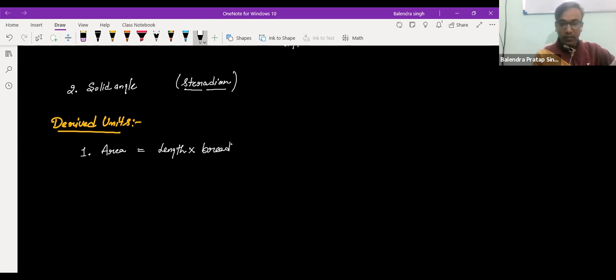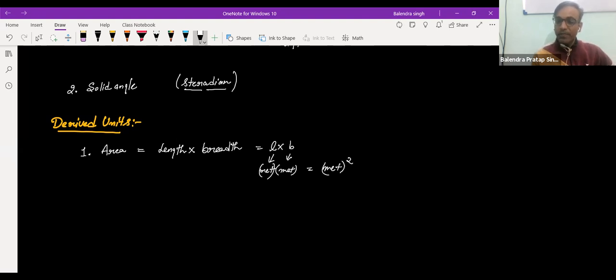Okay, L into B. So what will be the unit for area? L has a unit meter, and B has a unit meter. So the unit of area is meter square.